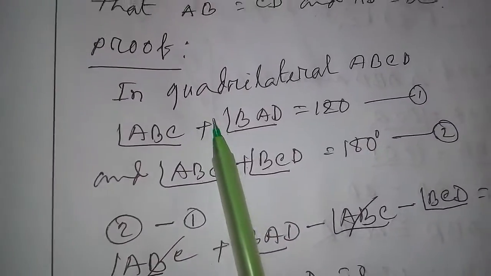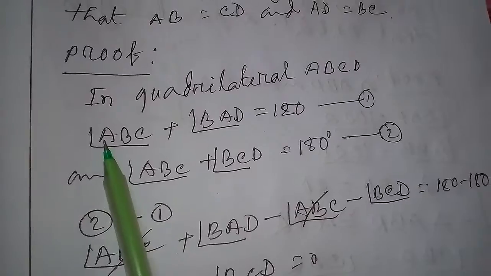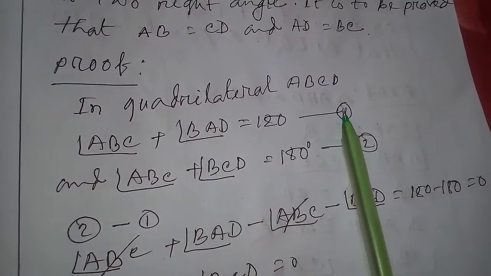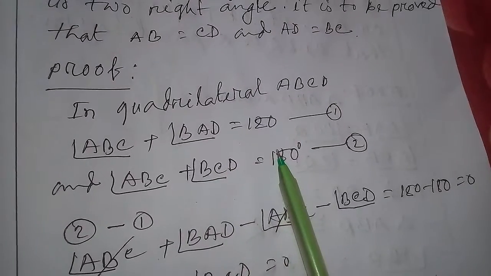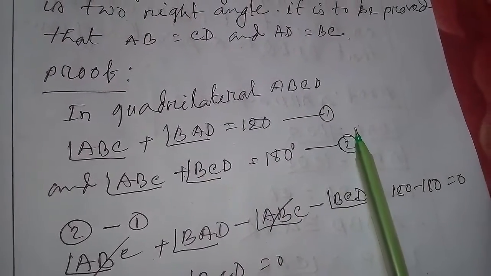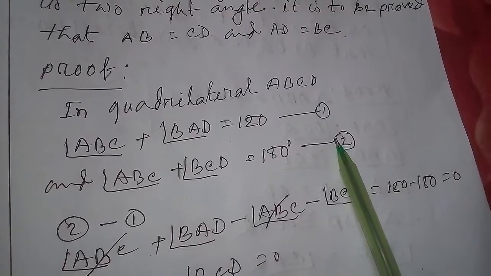Proof: in quadrilateral ABCD, angle ABC plus angle BAD equals 180 degrees, equation 1, and angle ABC plus angle BCD equals 180 degrees, equation 2.